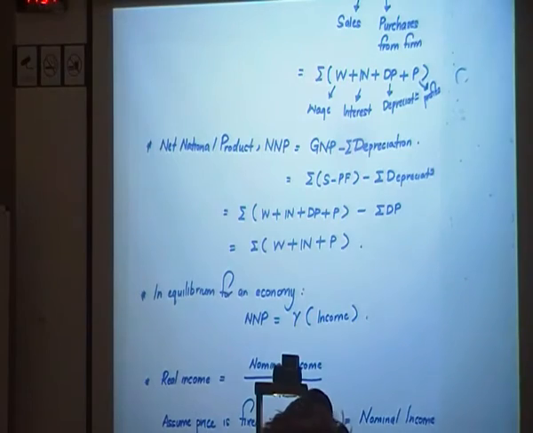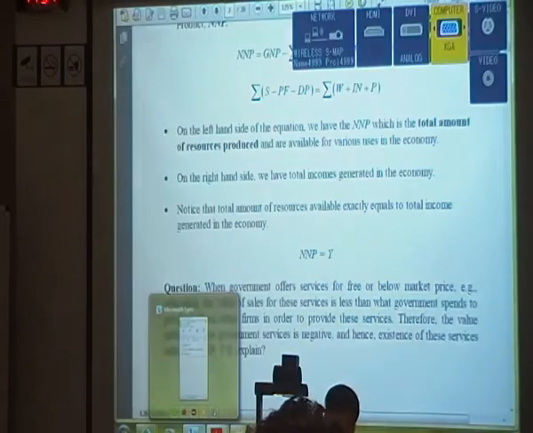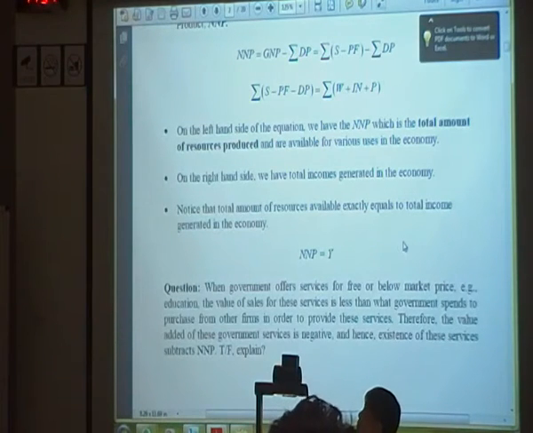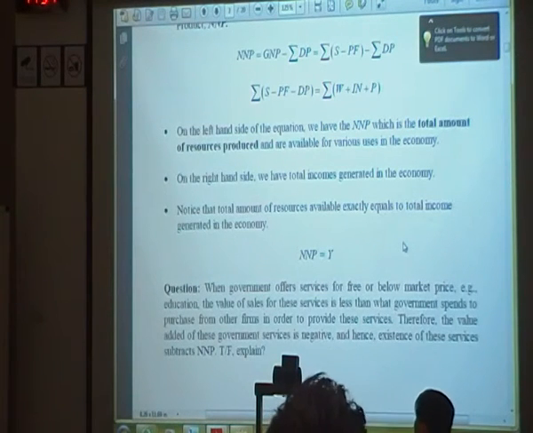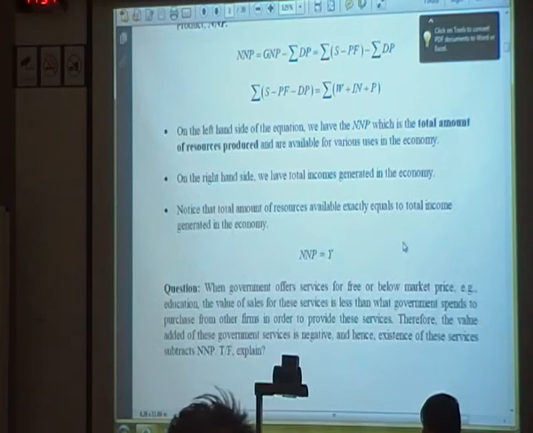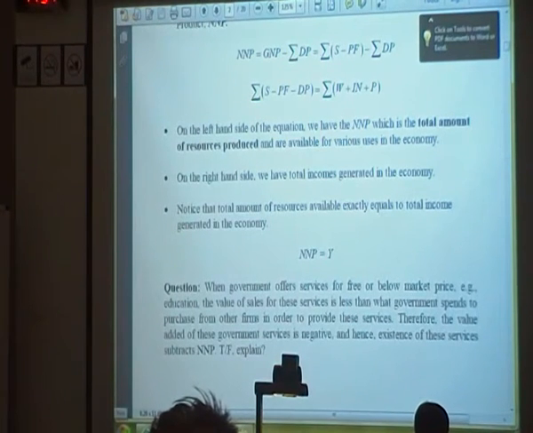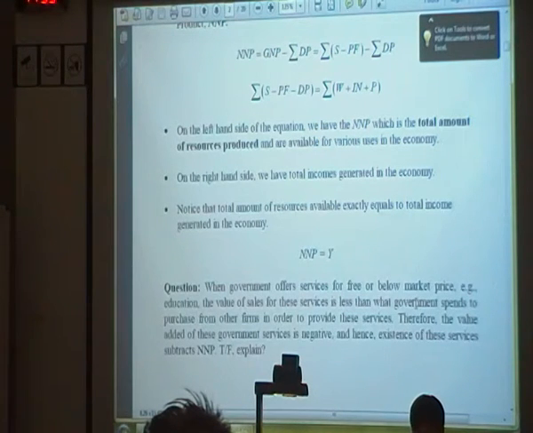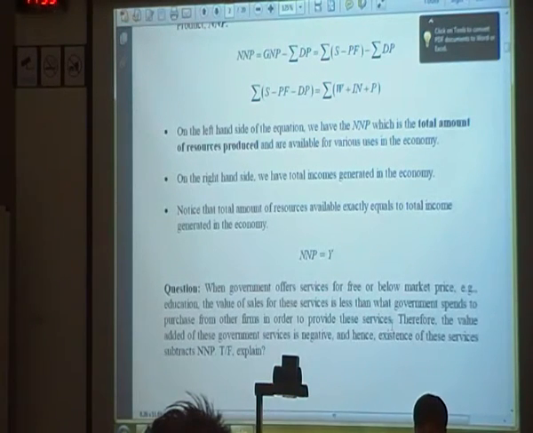We all look at this question. When the government offers free or below market price education, the value of sales for these services is less than what the government spends to purchase from other firms in order to provide these services.